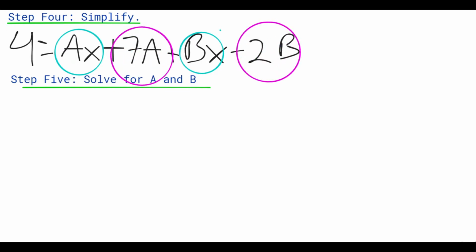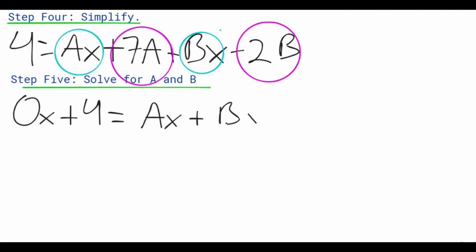So basically we can rewrite this as 0x plus 4 is equal to ax plus bx plus 7a minus 2b. And why am I rearranging them?